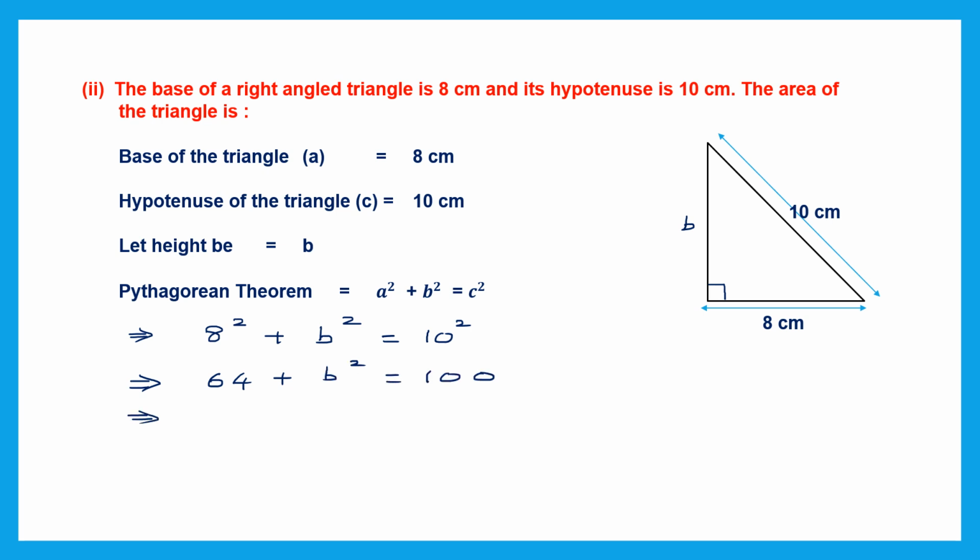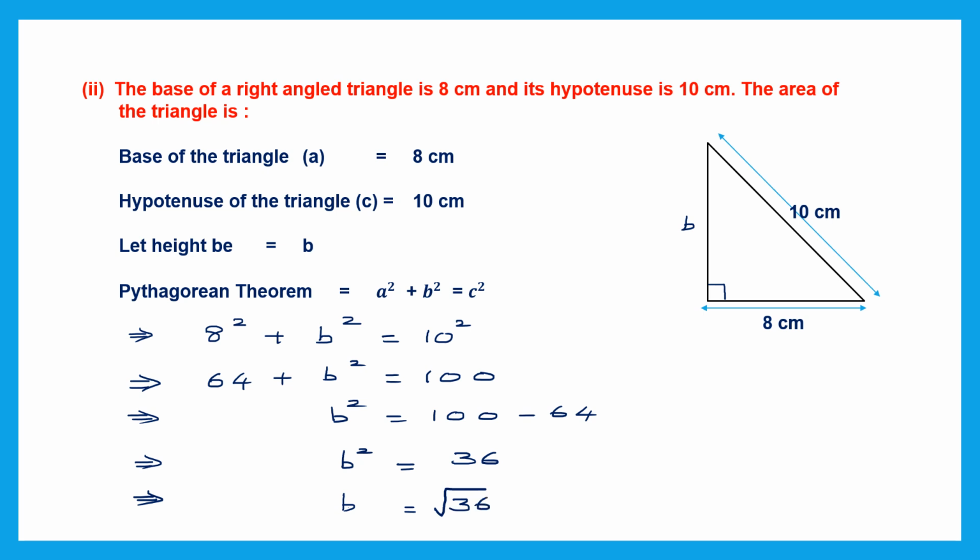Now let's find b square by subtracting 64 from 100. Now why are we subtracting? Because we have transposed this to the other side. Now 100 minus 64 is b square. And how much is that? That is 36. So now to find the value of b, we have to find the square root of 36.